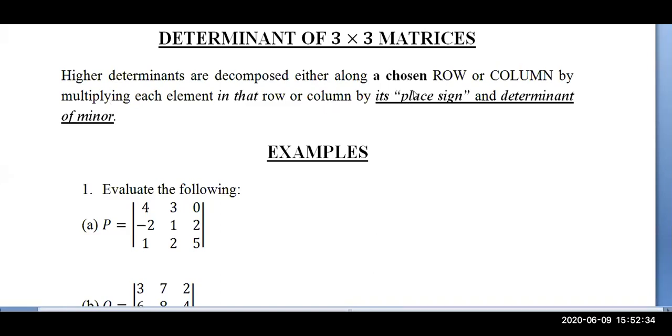You are expected to break a 4 by 4 into 3 by 3, then from 3 by 3 break into 2 by 2, which is the basic determinant unit that you now solve. If it's a 3 by 3, you have to form a 2 by 2 determinant of minor and decompose finally. So higher determinants are decomposed either along a chosen row or column by multiplying each element in that row or column by its place value and determinant of minor.